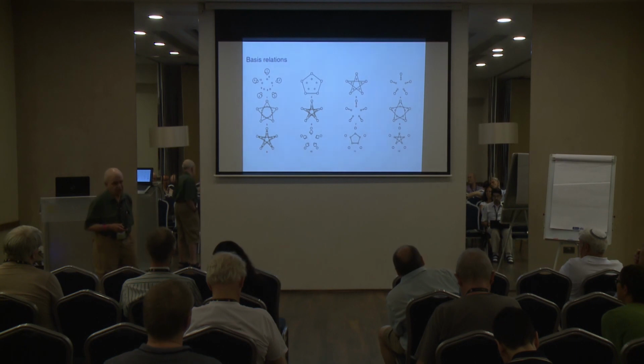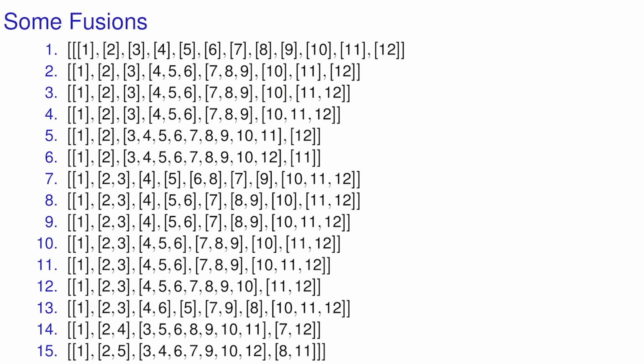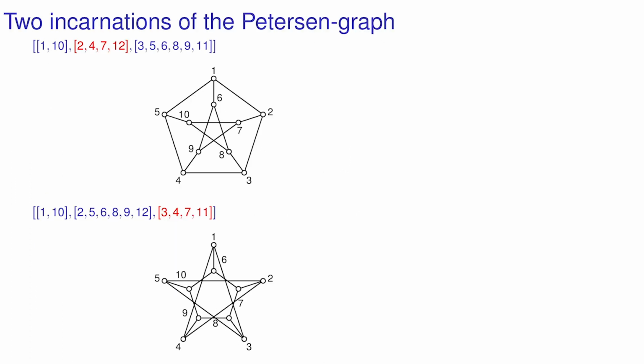Now what are we doing with this object? We are using this object as a kindergarten constructor. We would like to construct some nice graphs from it. And let's go ahead. We are asking COCO to construct the so-called fusions. Fusions mean all association schemes which appear as subalgebras of this coherent algebra. Here I am discussing 50 such fusions. And among them, there are 2 very nice fusions.